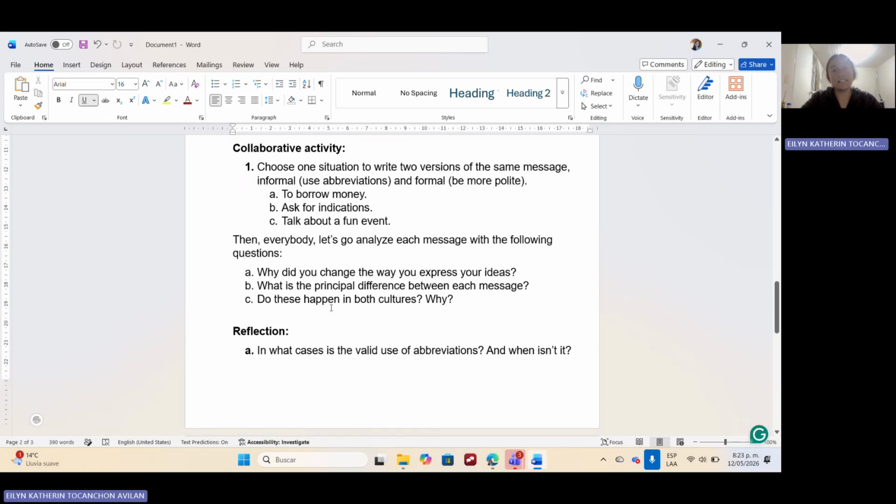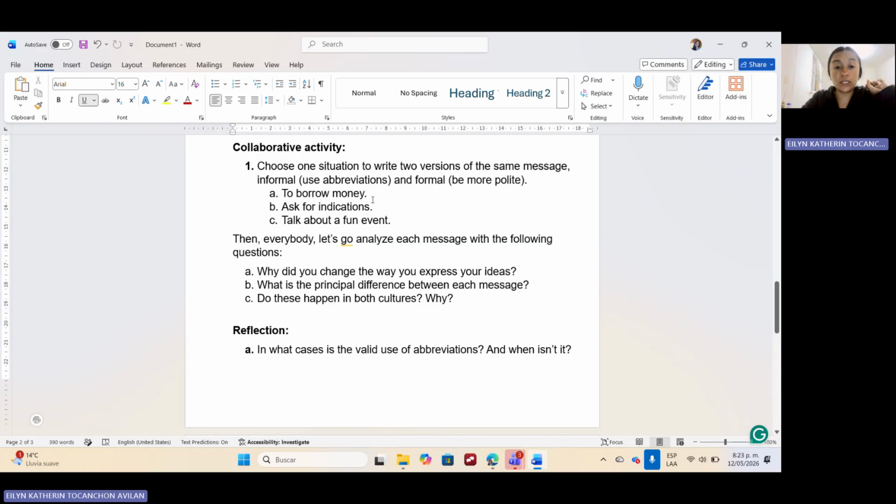In this activity, the idea is that they organize teams, 2 or 3 members is okay, and they need to write the same text 2 times. The idea is that they use informal text and formal text. The informal text obviously uses abbreviations, and the formal one is more polite.